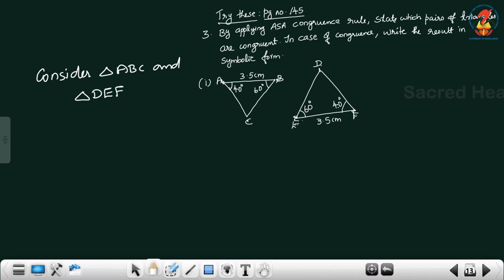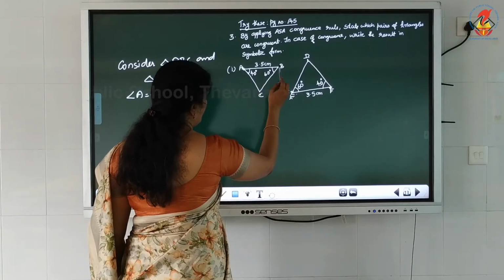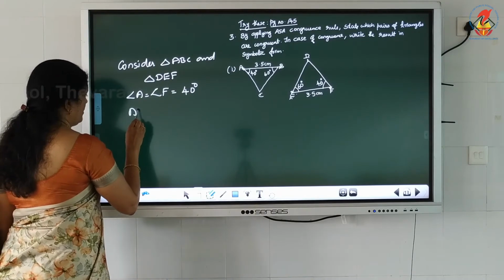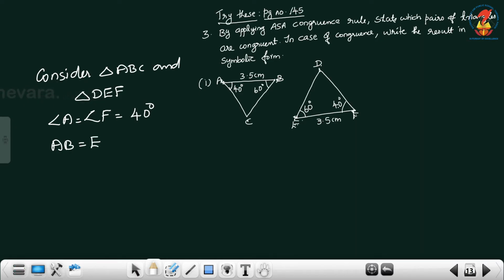Angle A equal to angle F equal to 40 degree. Next, before that you should write the side. AB equal to EF equal to 3.5 centimeter. Angle B equal to angle E equal to 60 degree.